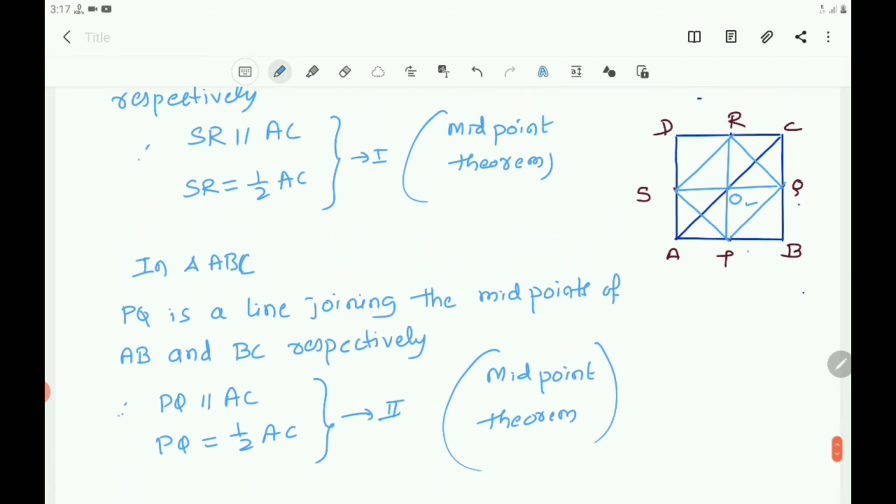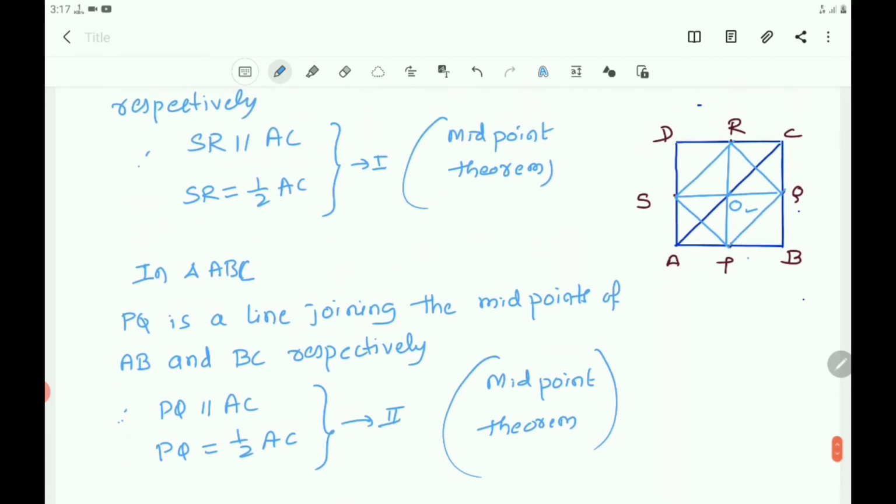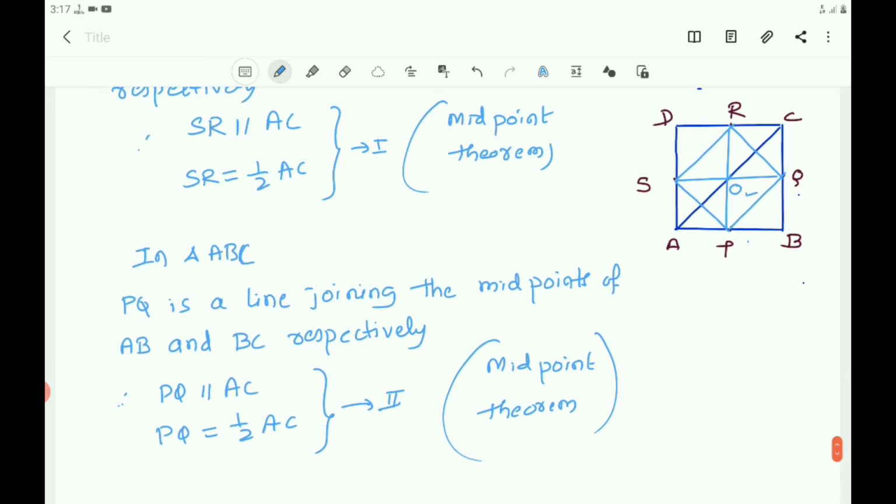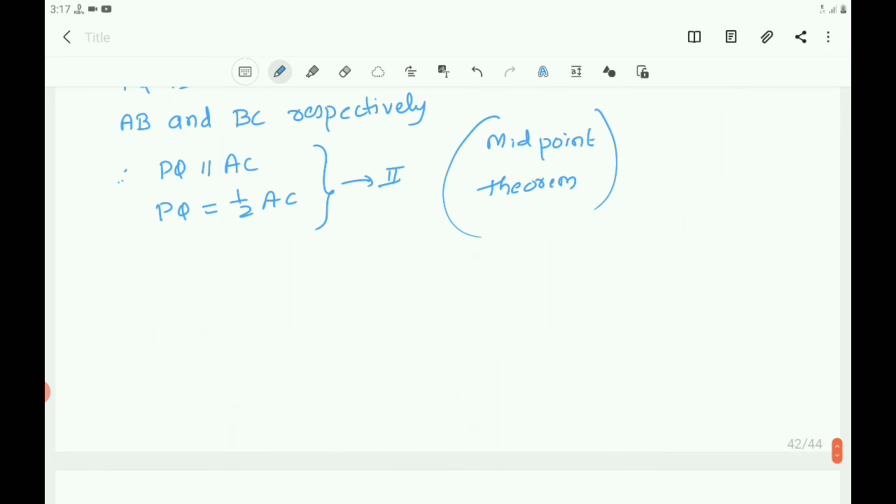Therefore from first and second, you got that opposite sides are equal and parallel. So PQRS is a parallelogram. Why is it a parallelogram?